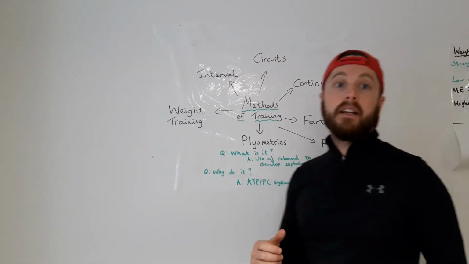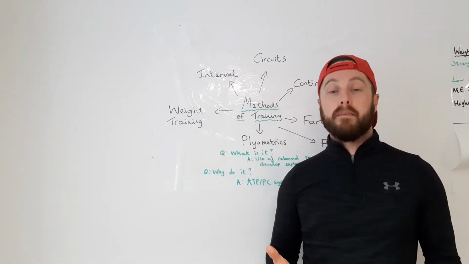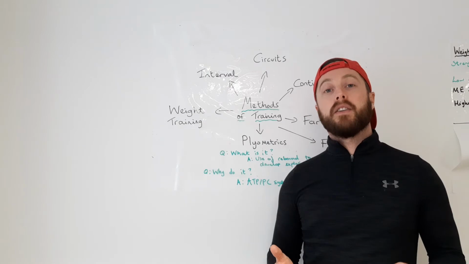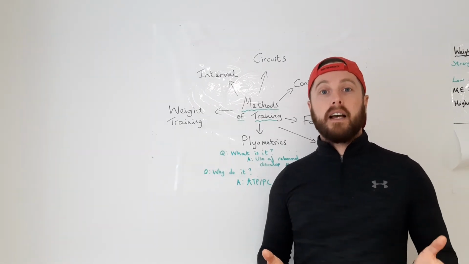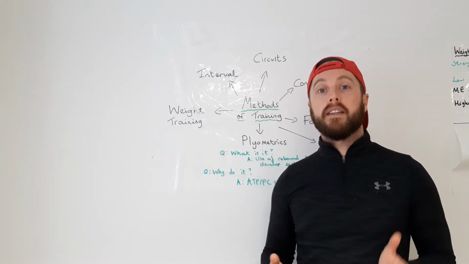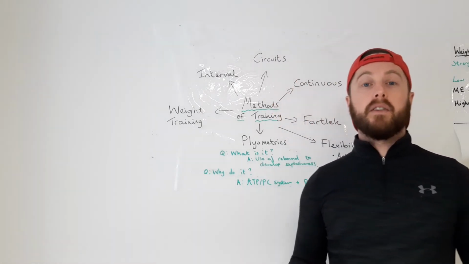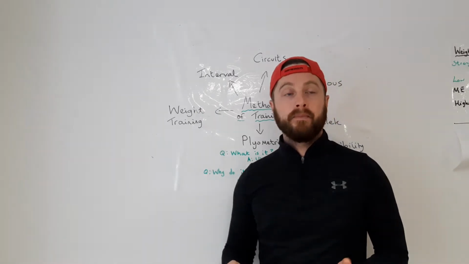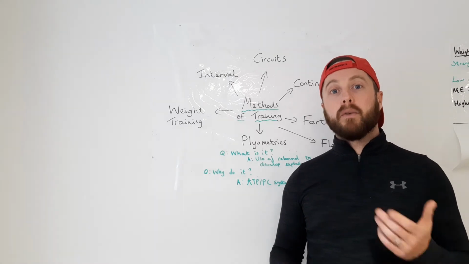Continuous training then involves working at a moderate intensity for a long time. So if we link that back to the energy systems video that I did, that would tell us that that type of training would target the aerobic zone. So you're working between 60 and 80% of your maximal heart rate, and by working in that zone, you'll develop your aerobic system.